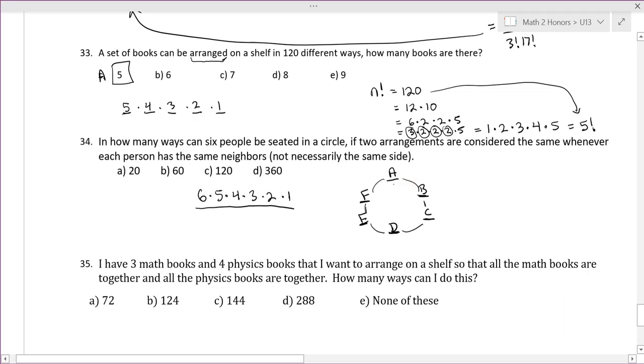If I flip the bracelet over, still the same bracelet, but A and D would be in the same spots, but B would be over here, F would be over here, C would be over here, and E would be over here. So you have the same people sitting next to each other, or if it's a bracelet, the same beads next to each other, but the bracelet's been flipped over.